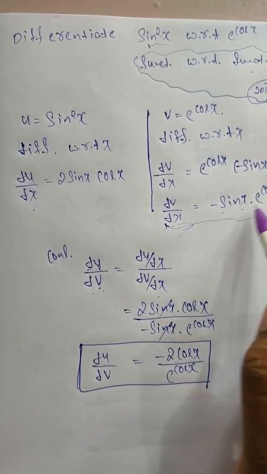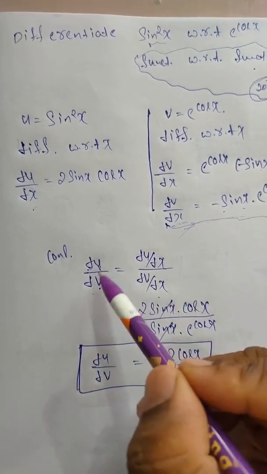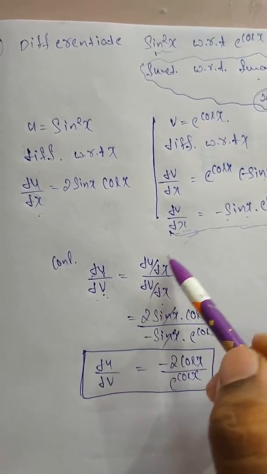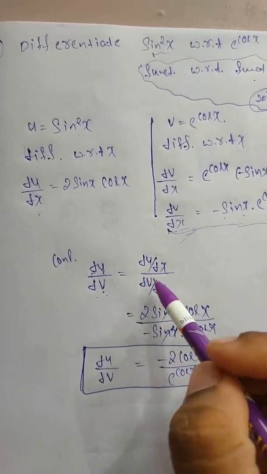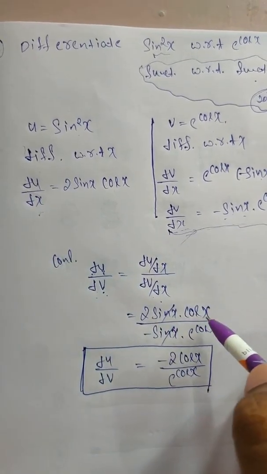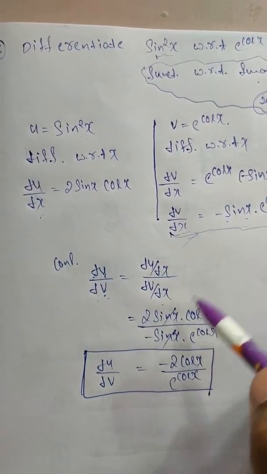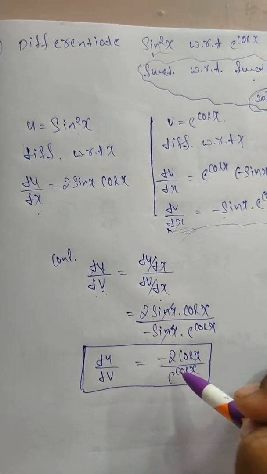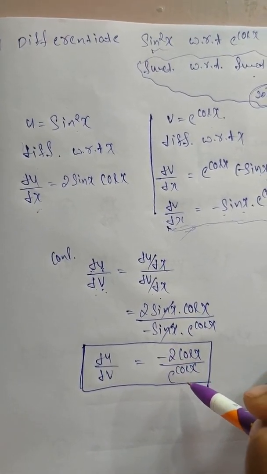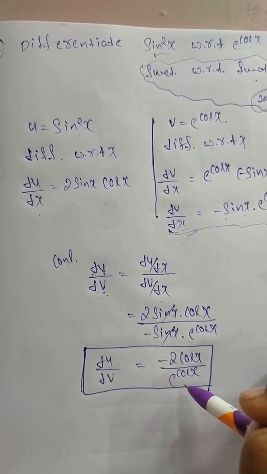So minus sin x into e to the power of cos x. du by dv is equal to du by dx by dv by dx. du by dx is 2 sin x into cos x, dv by dx is minus sin x into e to the power of cos x. Sin x cancels. We are left with minus 2 cos x by e to the power of cos x. This is the answer. Is it clear?